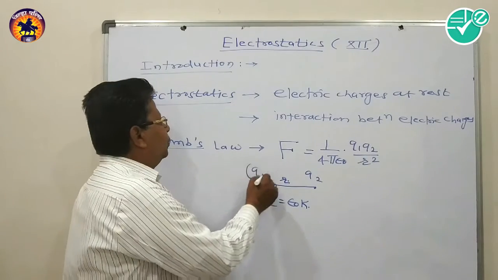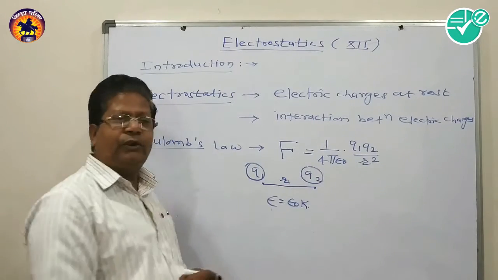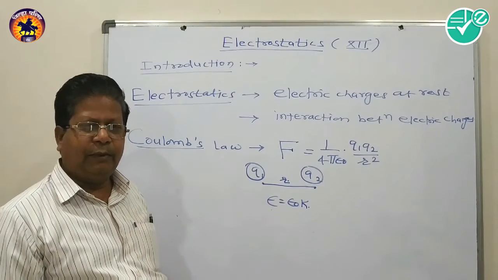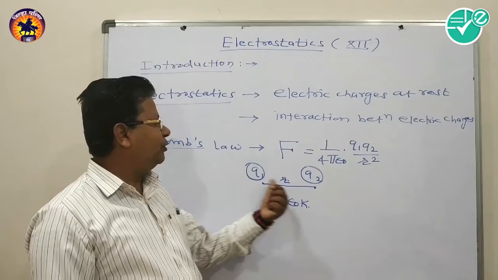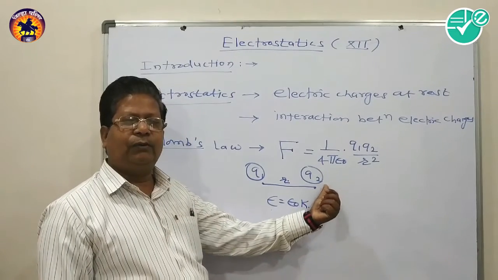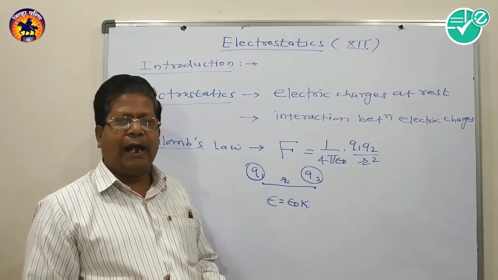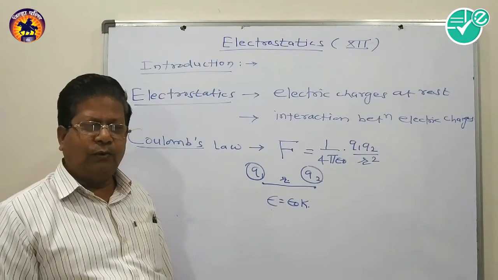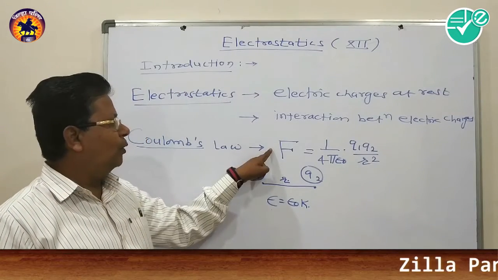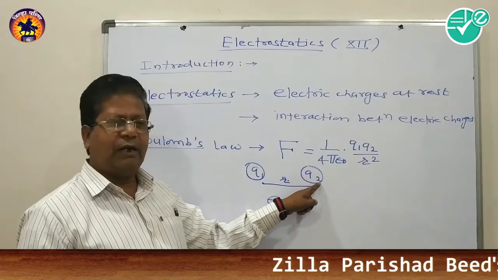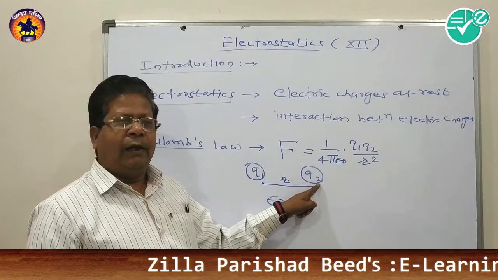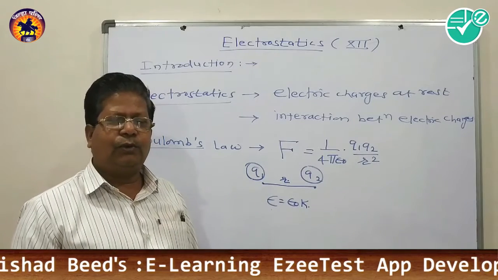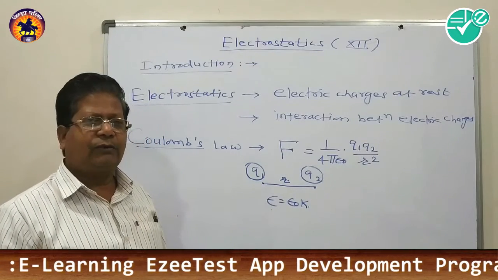If both charges are positive, there is a force of repulsion between them. If one charge is positive and the second is negative, there is a force of attraction between the two charges. So Coulomb's law gives the magnitude of force between two point electric charges at rest, given by the formula 1 upon 4 pi epsilon 0, Q1 into Q2 divided by r square.